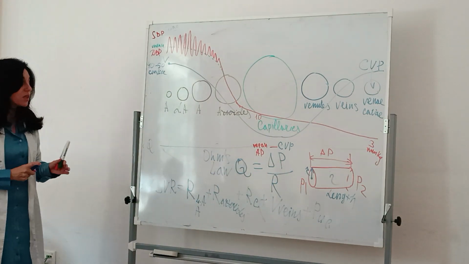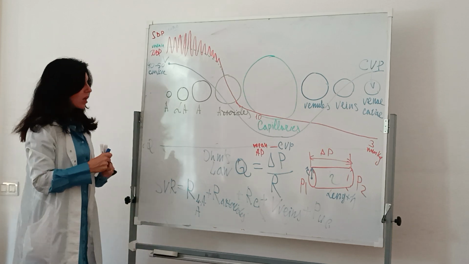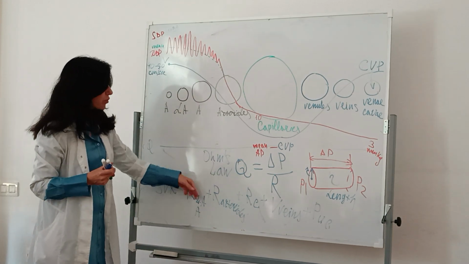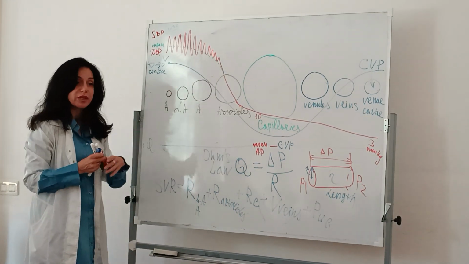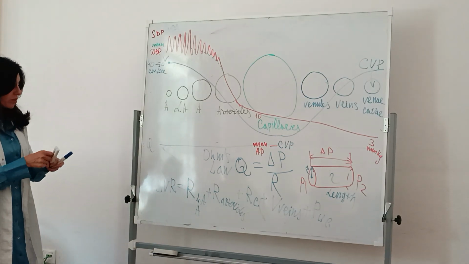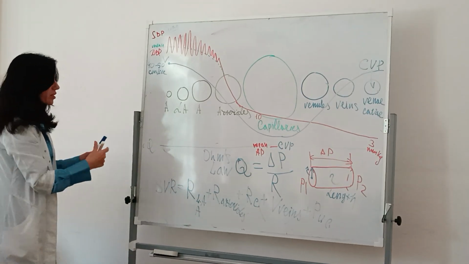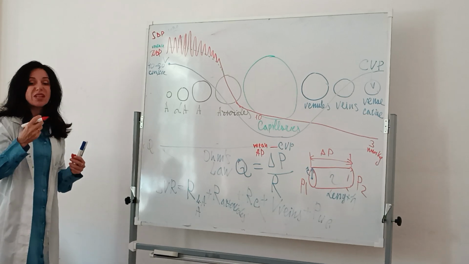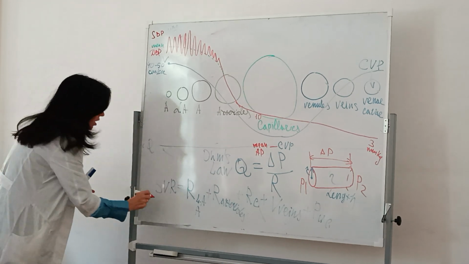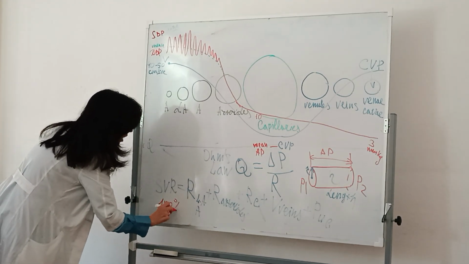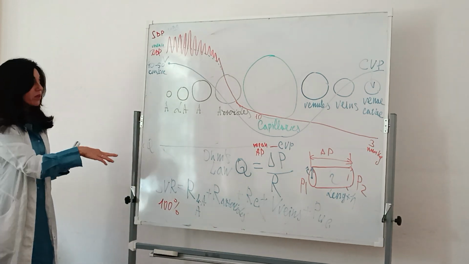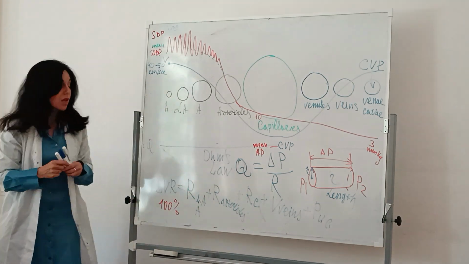What about the amount, value, numbers of each component? What will be more, what will be less? For example, we will consider systemic vascular resistance as 100% total. What will be the ratio between these resistances?